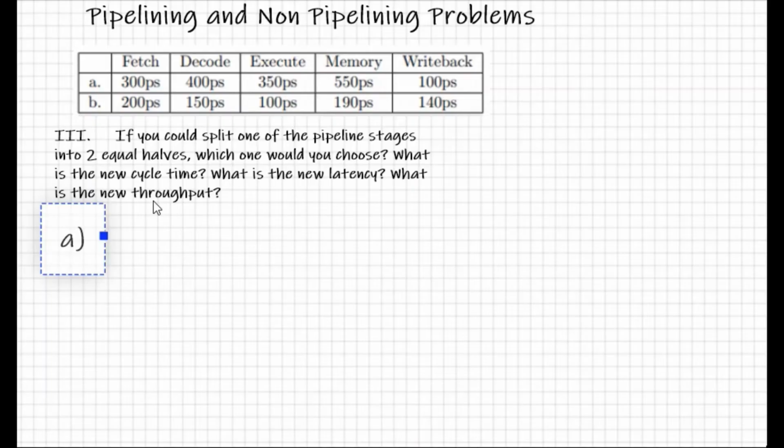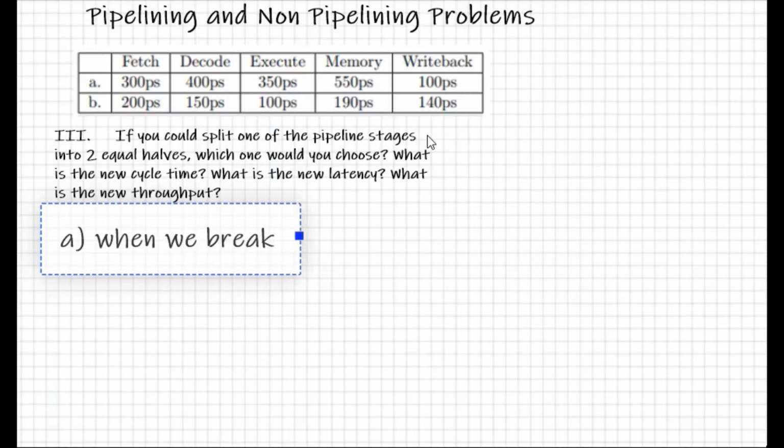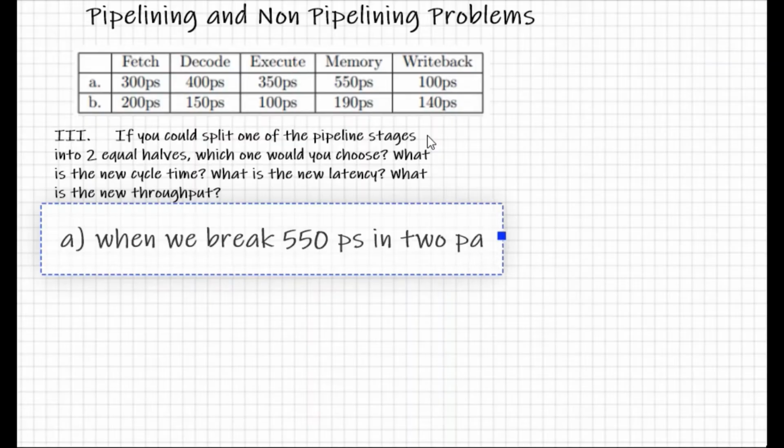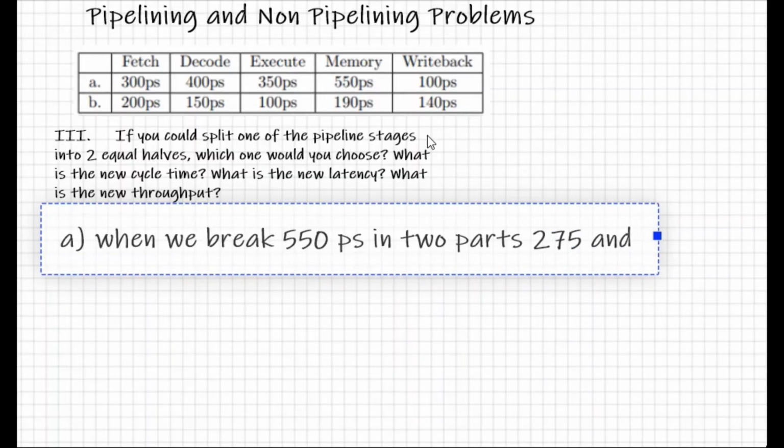Now you will break this 550 picosecond in two parts, so it will become 275 and 275. So now your pipeline system has 6 stages.